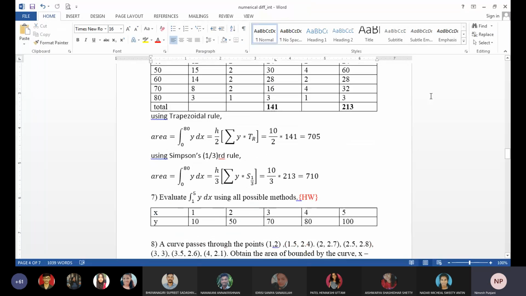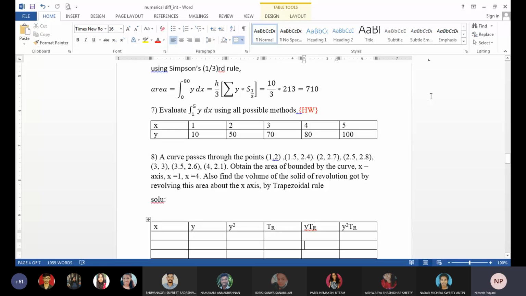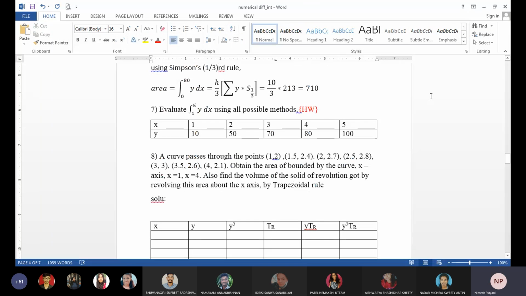So this sum number 7 is your homework. And we will solve sum number 8. You just write down sum number 8, understand and tell me what is to be done.